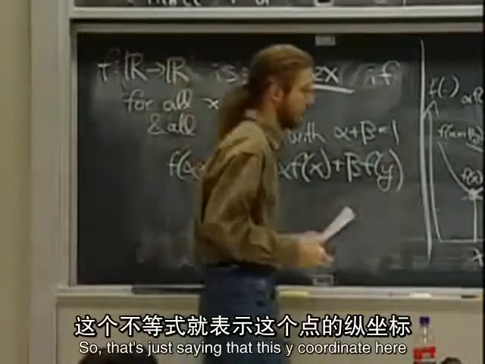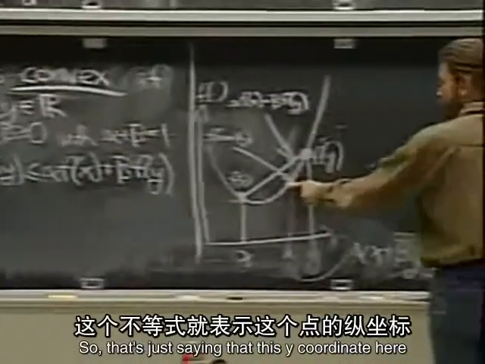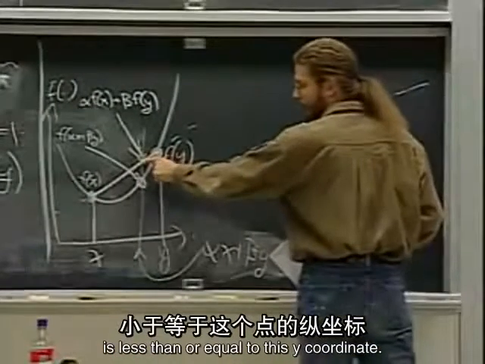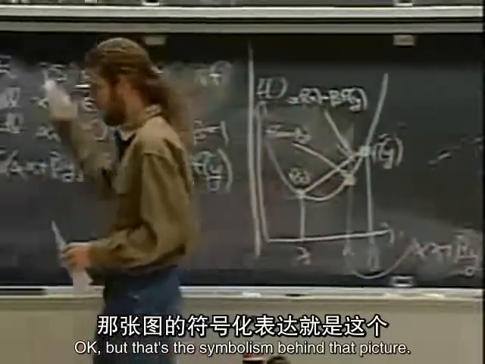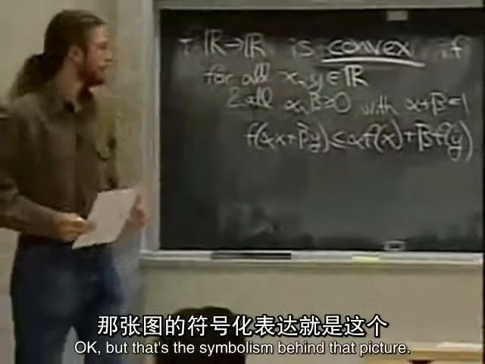That's just saying that the y coordinate on the curve is less than or equal to the y coordinate on the line segment. That's the symbolism behind that picture.